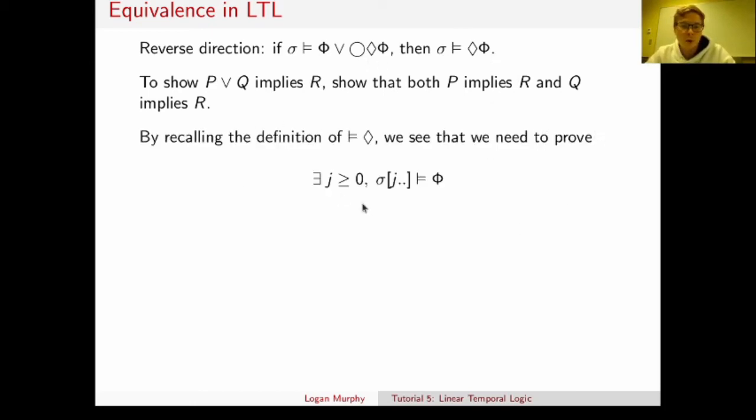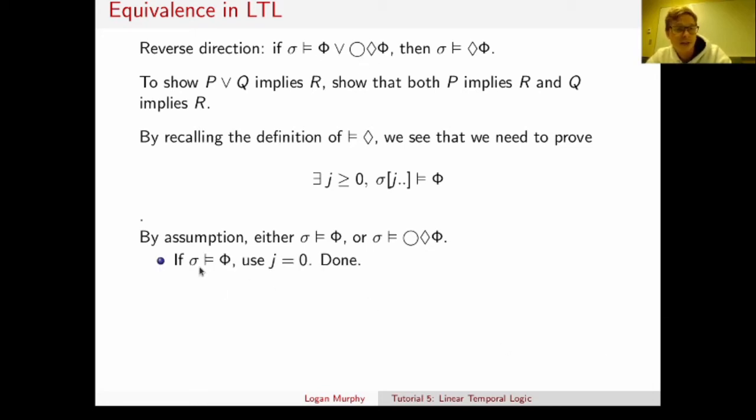Okay, so this is what our goal looks like. We have to basically construct some J such that sigma J satisfies phi. And we're going to know how to find that J based on the case analysis of our premise, right? So this is our premise. Either sigma satisfies phi or sigma satisfies next eventually phi. We just broke this disjunction into the two cases.